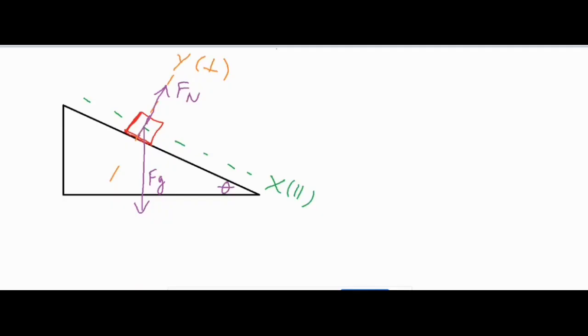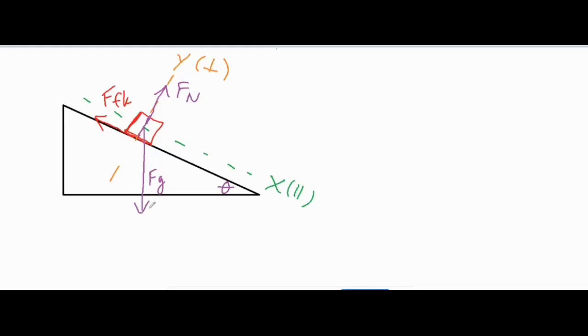And then if it's just sliding down from the force of gravity, then that's all we have unless there is friction between the ramp and the block. So we'll say that there is. In that case, we will go ahead and say that we have the force of kinetic friction opposing the slide.